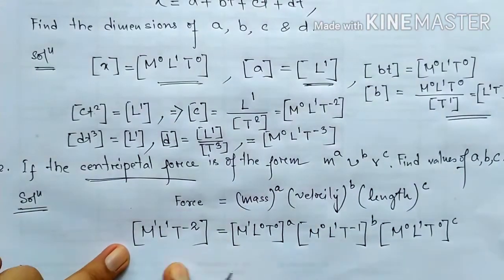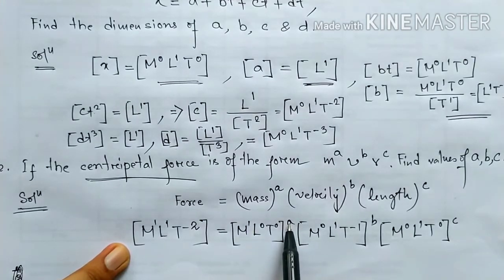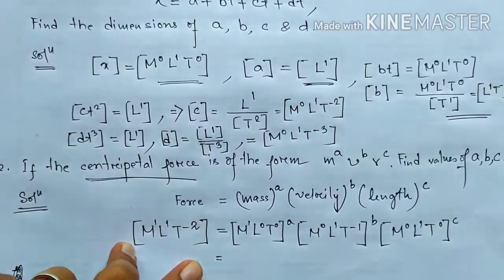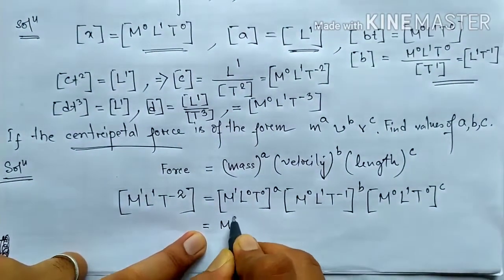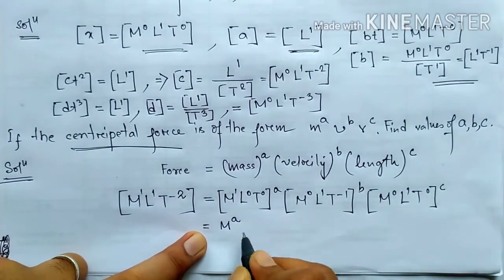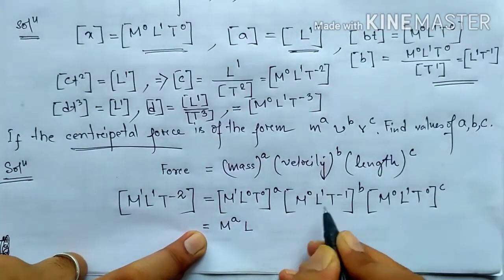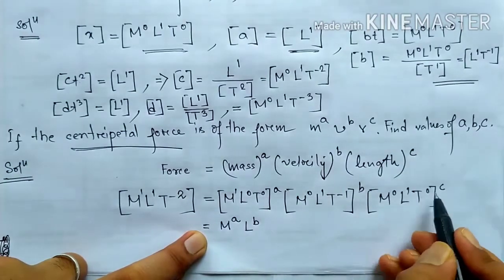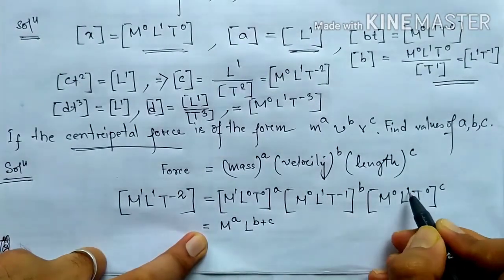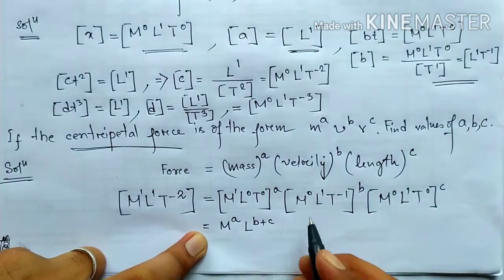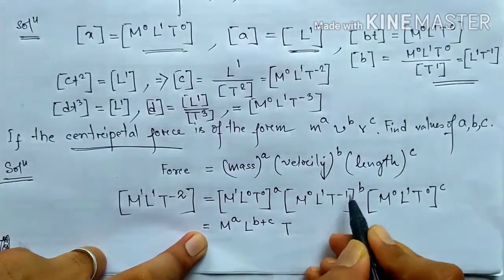Now if we compare the powers of M, L, T on both sides, this is basically M to the power a, L to the power b plus c, T to the power minus b.